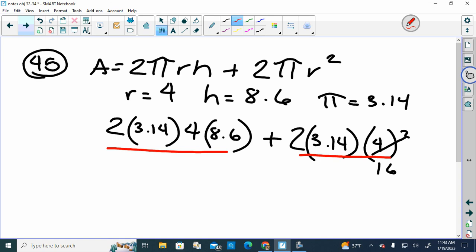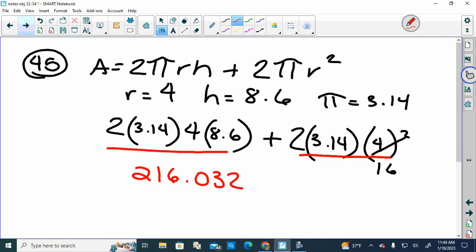Okay, so in your calculator, you're going to type 2 times 3.14 times 4 times 8.6. So just multiply this last side together. What'd you get? 216.032. Okay, now multiply the right side.